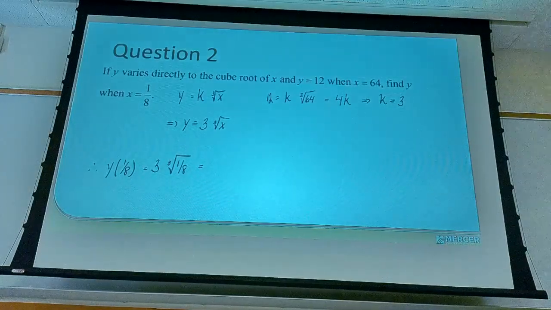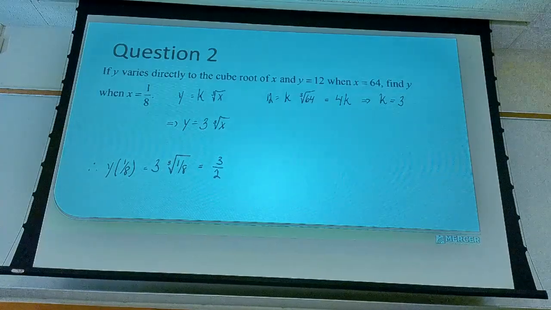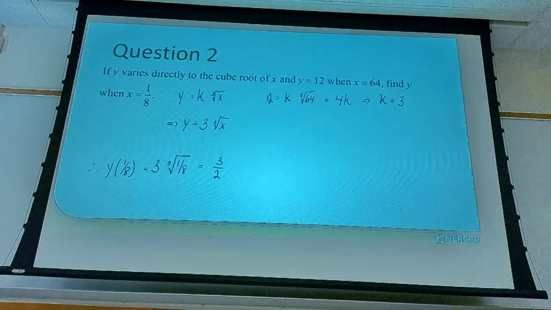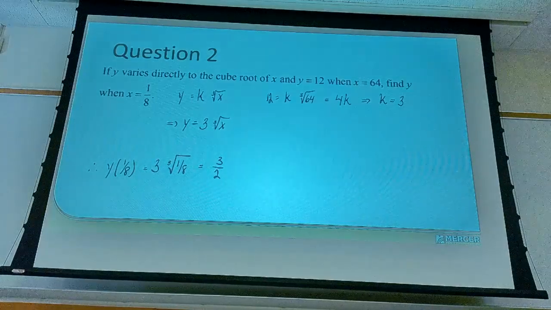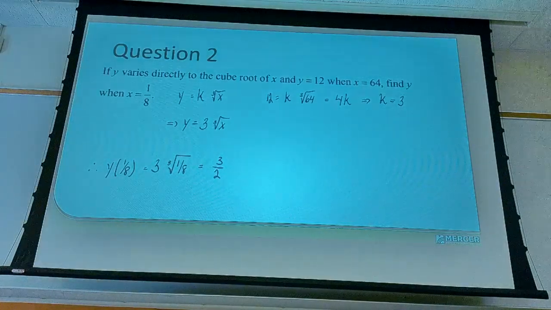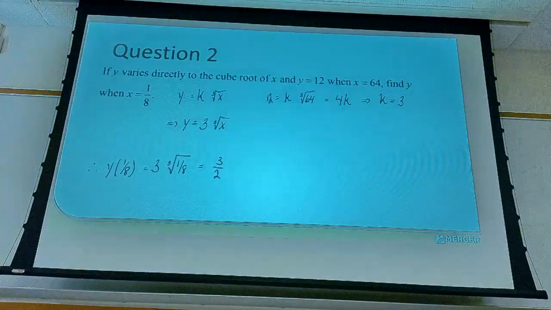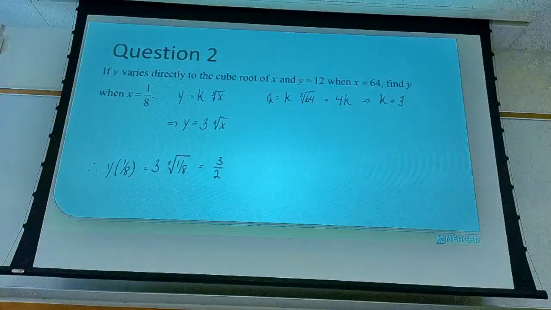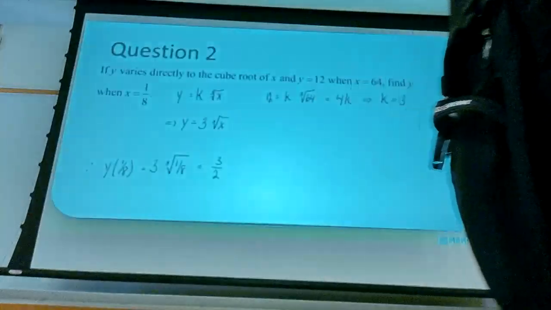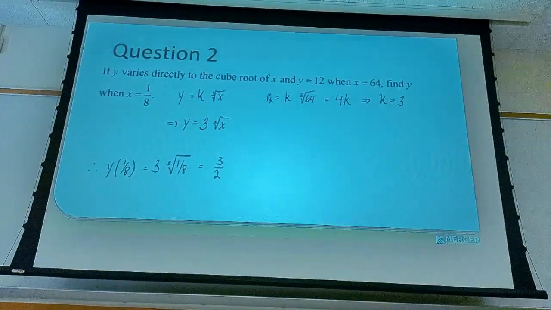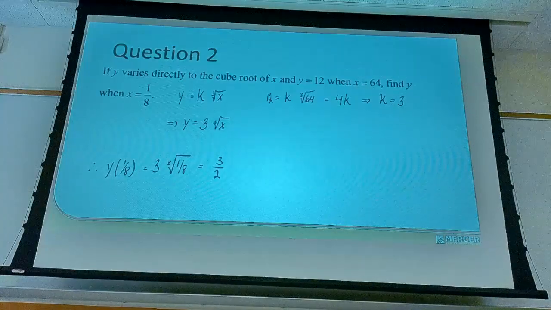Cube root of 1/8 times 3 is 3 halves. So would it be wrong if I put 1.5? No, but by convention, we'll keep it as improper fractions. But you would be wrong if you said a third was 0.33, because it's not.